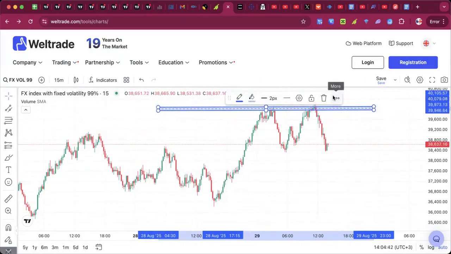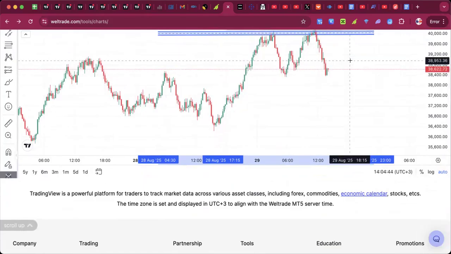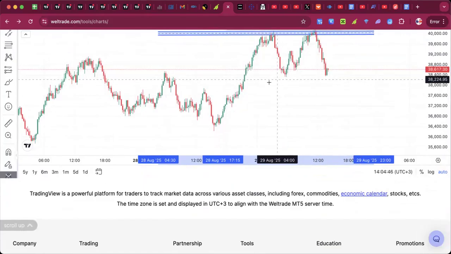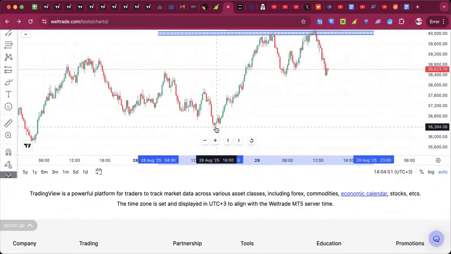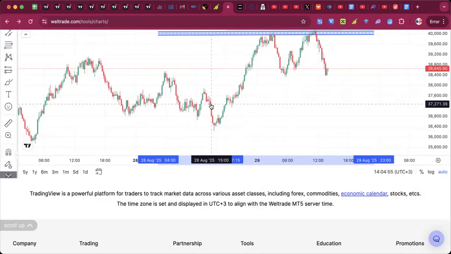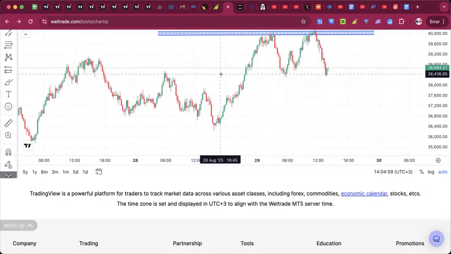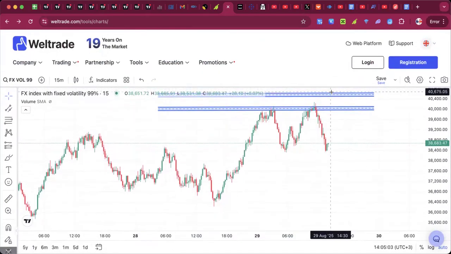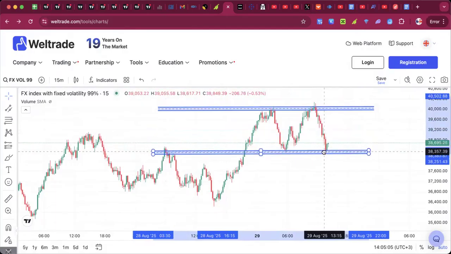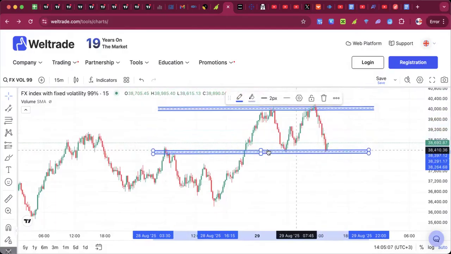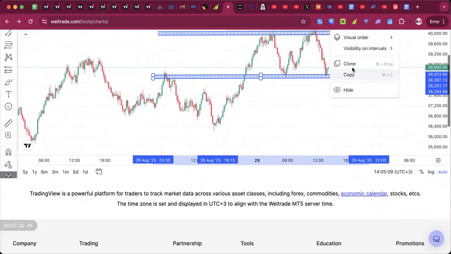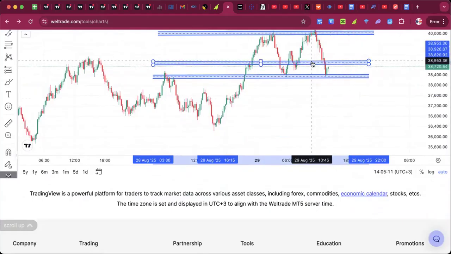Okay, so this is a high, this is a low, so this is the main low. That means I have two major ranges. There's one here. Are you seeing it now? And then I have another one here, in case it is broken.